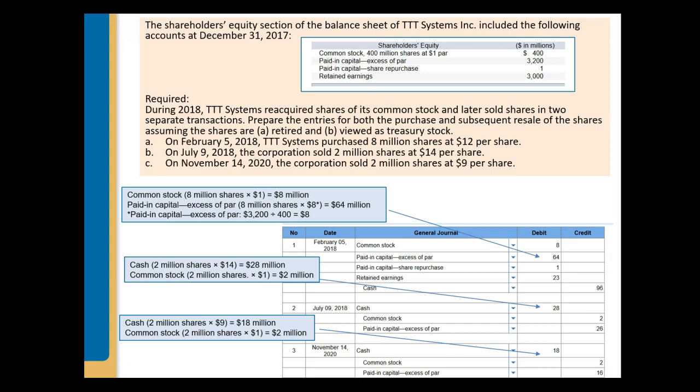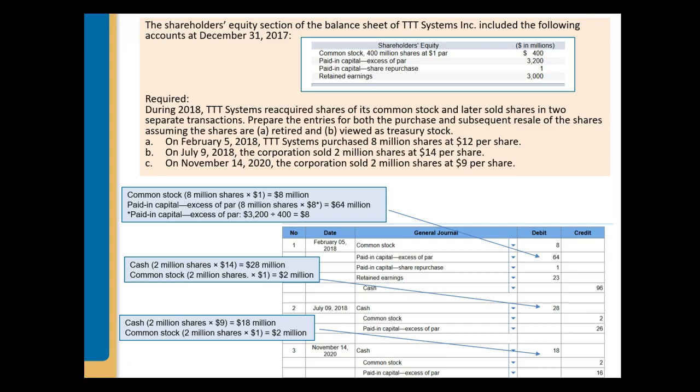So the first scenario is on February 5th, 2018. TTT Systems purchased 8 million shares at $12 per share. So what we'll do in this scenario is debit our common stock for the par, debit our paid-in capital for the excess of par.